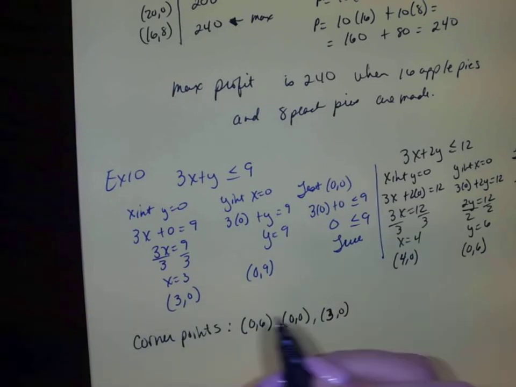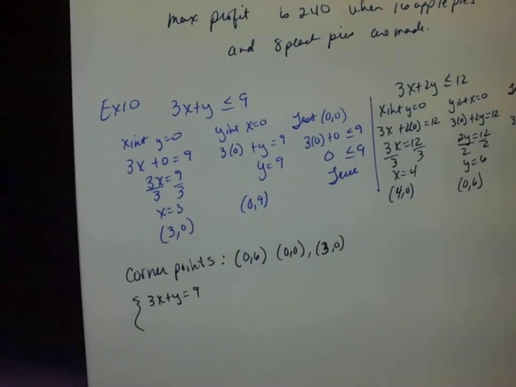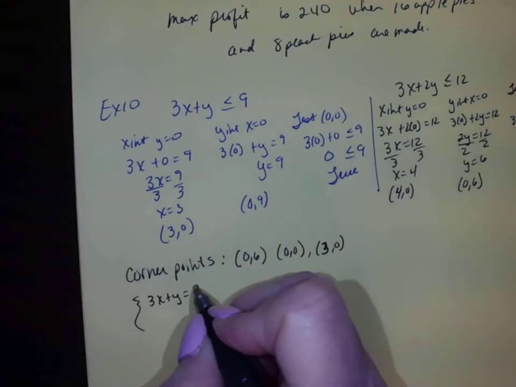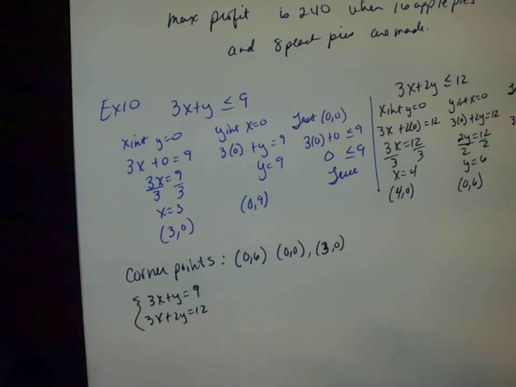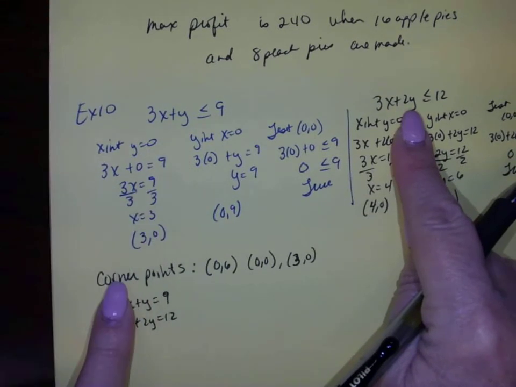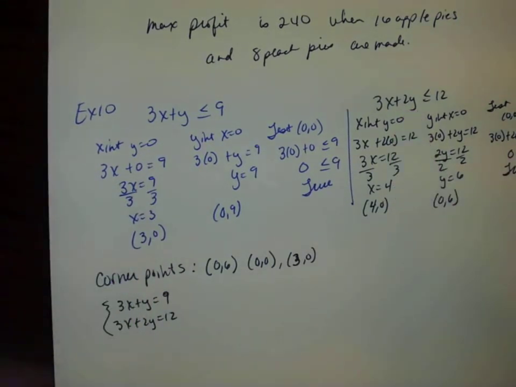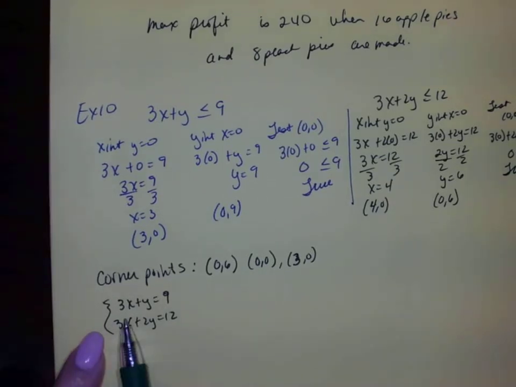So to solve for this one, we're going to have a system of equations of 3x plus y equals 9. And our other equation was 3x plus 2y equals 12. So we're using the two equations that we were given. We're going to set them together because we need to see where these intersect. We've talked about this in class before. I have a 3x and a 3x.